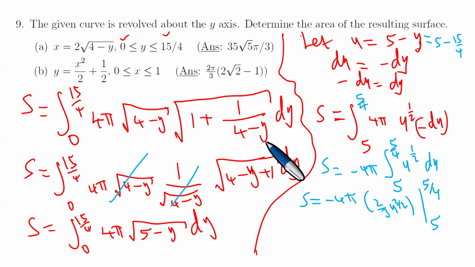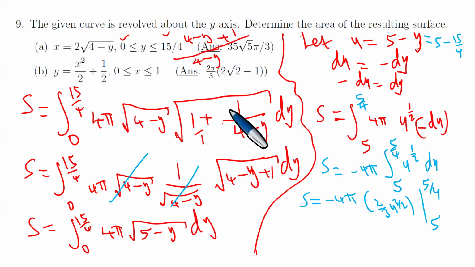Whenever we had the 4 minus y, as said, there are many ways to do it. One of the ways is to take the LCD. What is the LCD? The LCD is to cross multiply these things inside here because this one is over denominator 1. So you can cross multiply and write 4 minus y here, and then the 4 minus y divided by 1 becomes 4 minus y times 1, which is 4 minus y, plus 1.